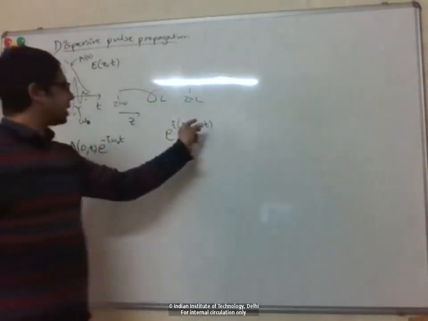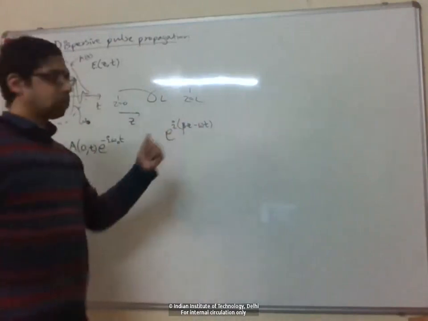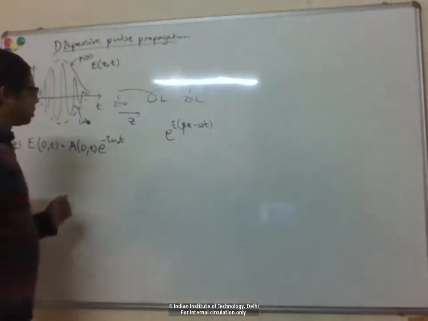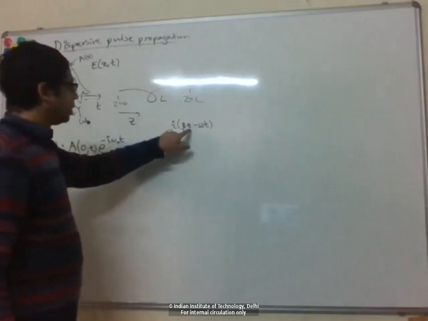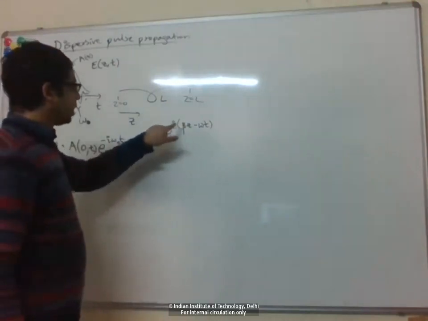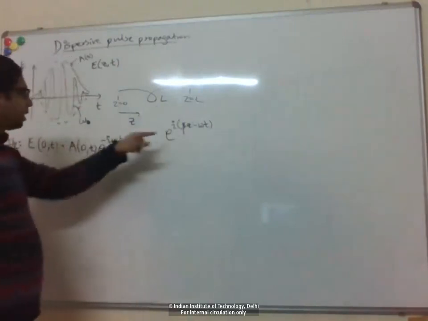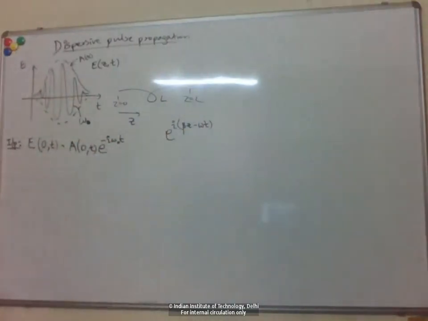I could equivalently write it as omega t minus beta z. The physics will come out to be the same: either you take a positive sign in front of the spatial coordinate and a negative in front of the temporal, or the other way. Here we are taking this convention.